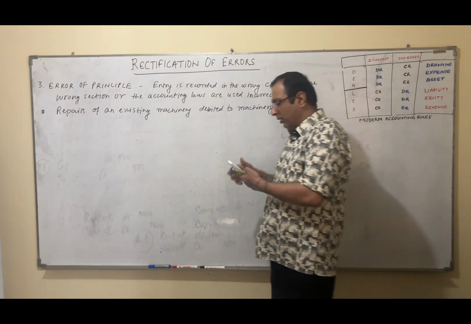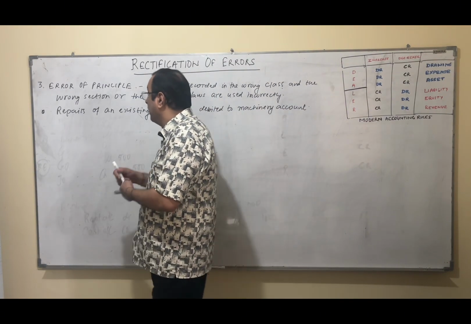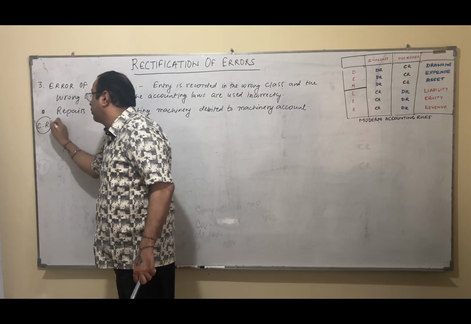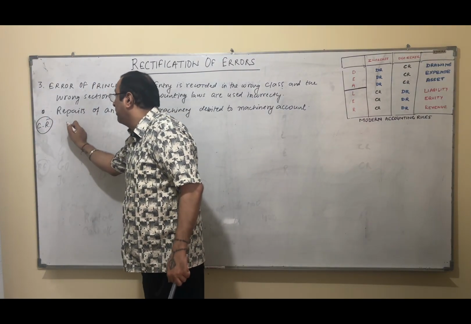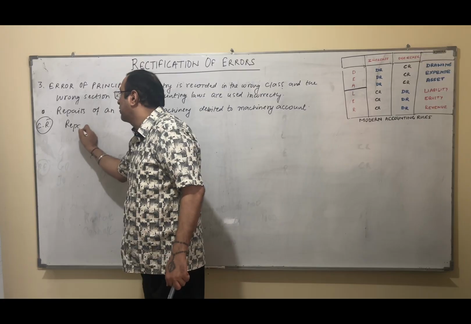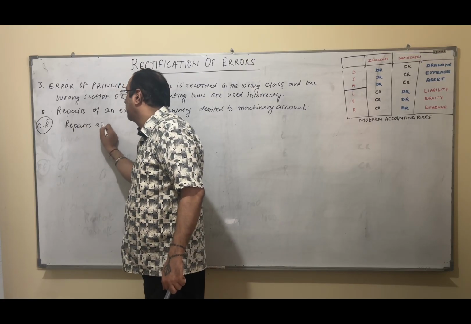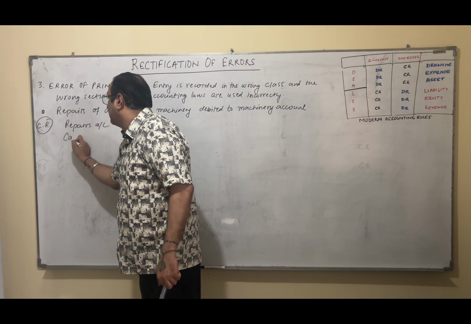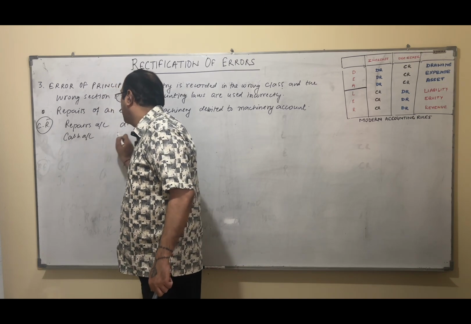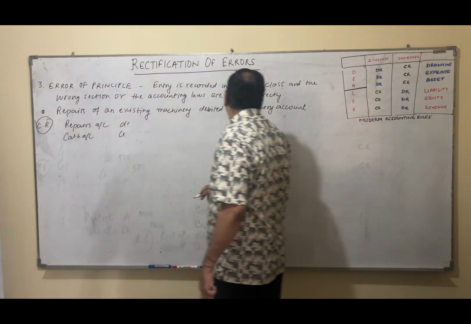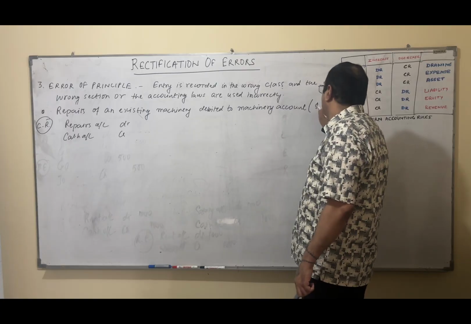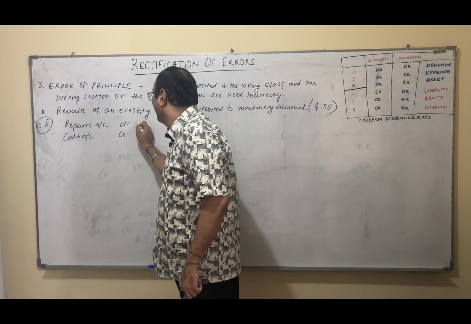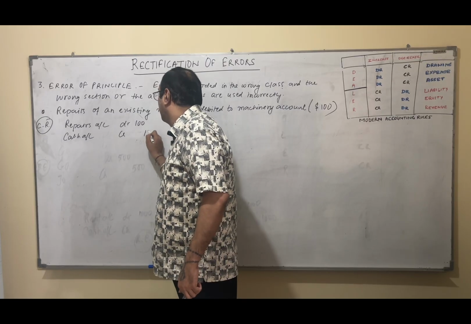Right? So let us see what we have to do and what we have done. The correct entry we are supposed to pass will be repairs debit, right? Expenses increase debit as per the modern rules of account. And when we incur expense, cash goes out. Suppose $100, small amount. Let us save money for the businessman, right? $100, $100.